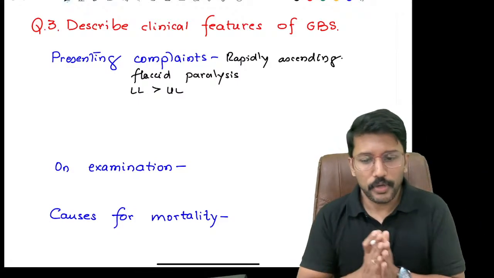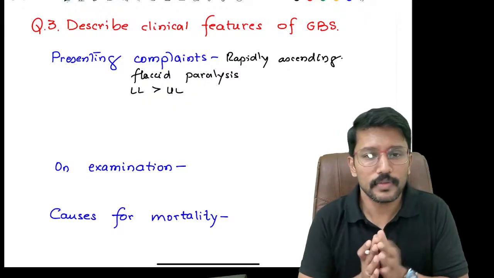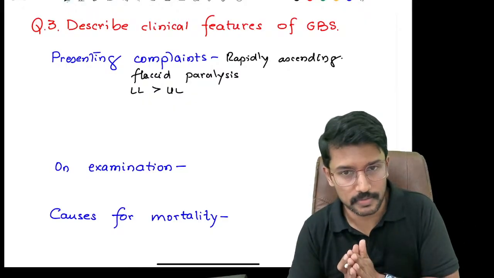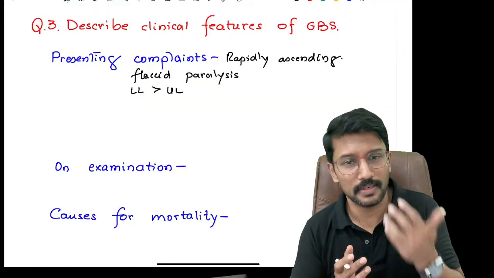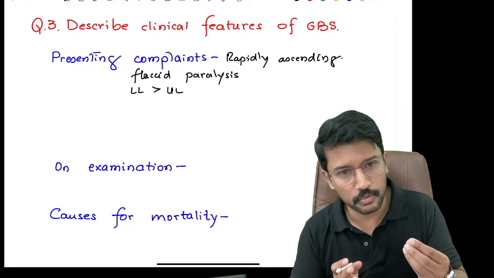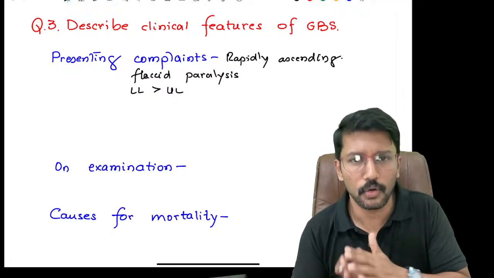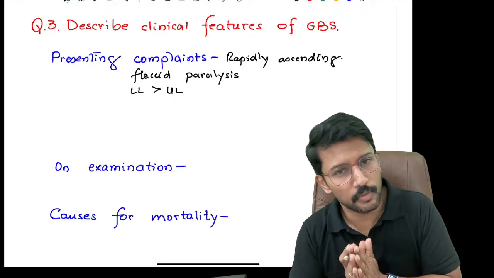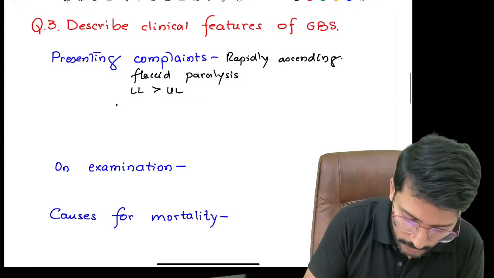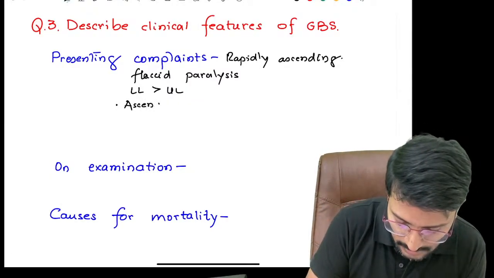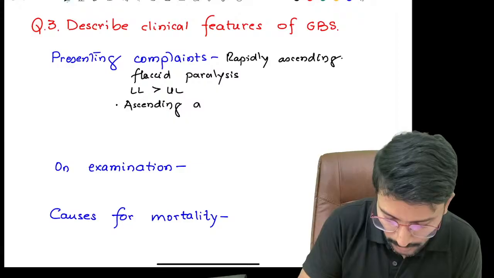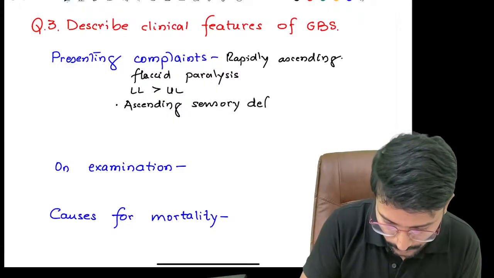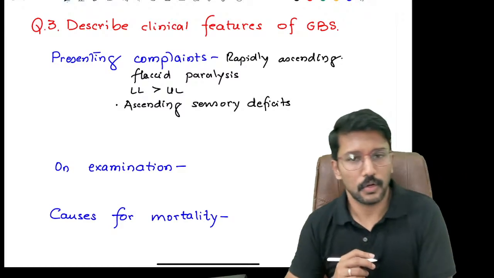Along with that, there are a few more points for us to understand. Will it involve the bladder, and will there be sensory symptoms? As we just understood, peripheral nerves have sensory neurons, autonomic neurons, as well as motor neurons. Motor neuron involvement presents as ascending paralysis, but sensory neuron involvement is also there, so there will also be ascending sensory deficits.